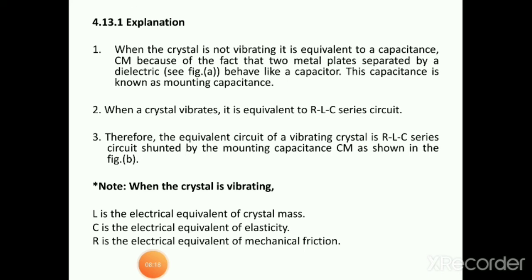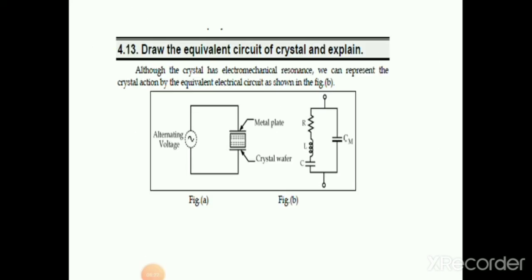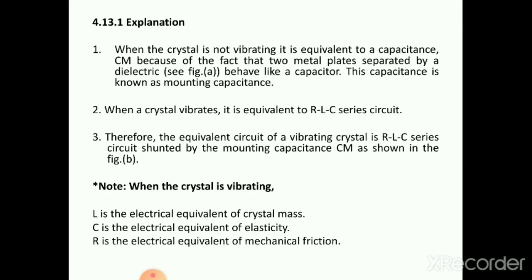Because of the fact that two metal plates separated by a dielectric, the crystal being the dielectric here, represent a capacitor. So when it is not vibrating, we can represent the crystal as a capacitance with value Cm. This is the mounting capacitance. This capacitance is known as mounting capacitance.